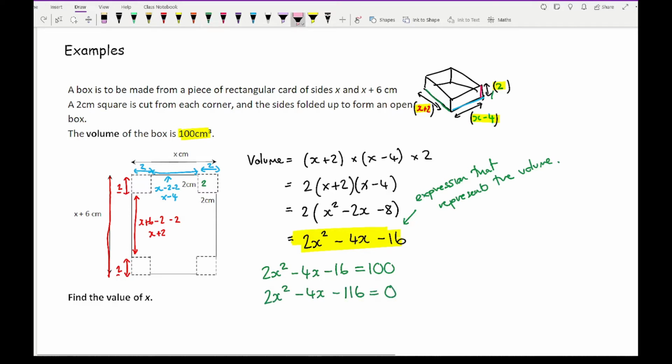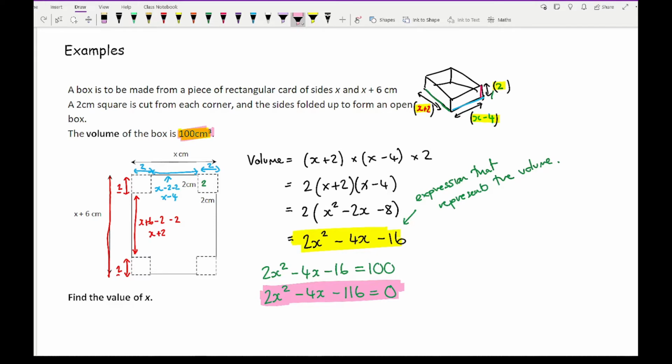Now again, this is where we've got our quadratic. And there is a difference between what I've highlighted in yellow and what I've highlighted in pink. This is incorporating that they've told me that the volume is 100 centimeters. What's in yellow is just the volume expression.